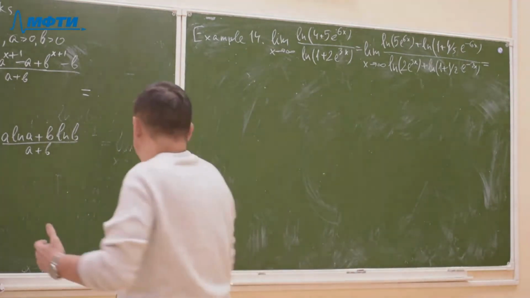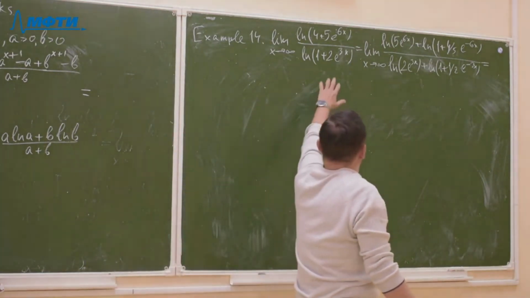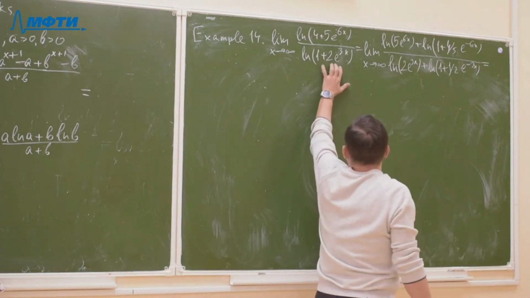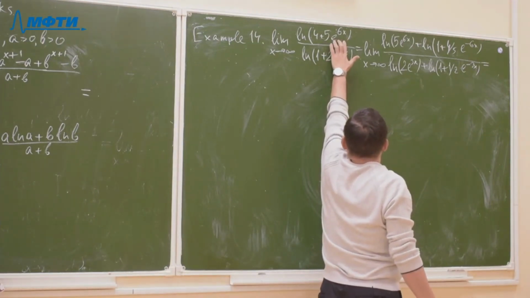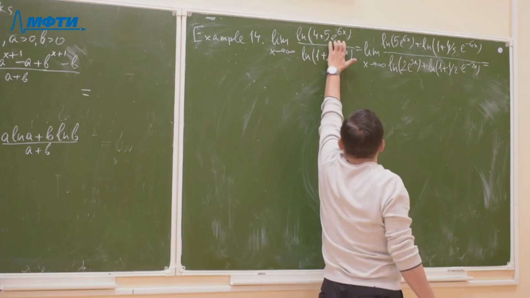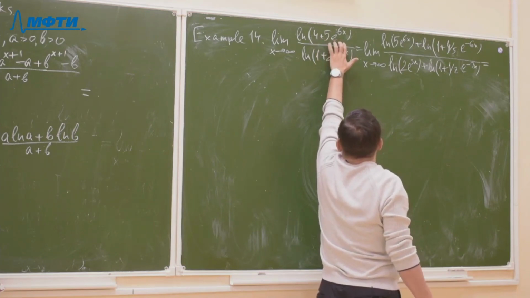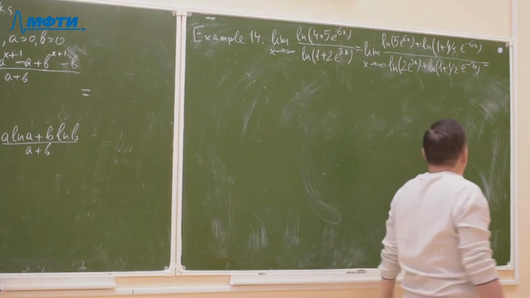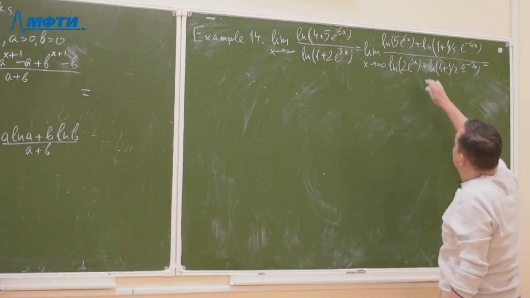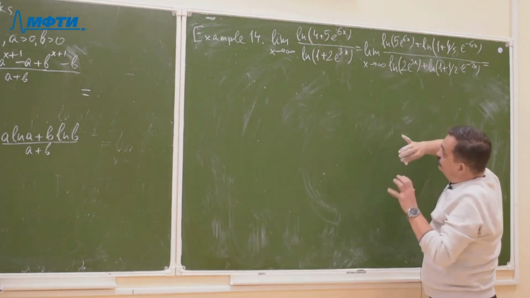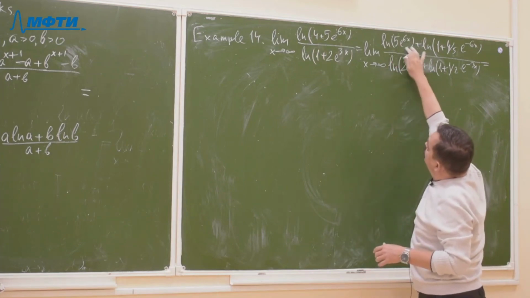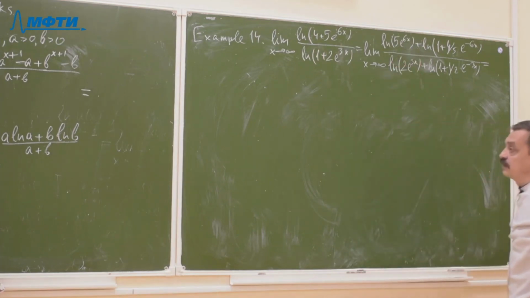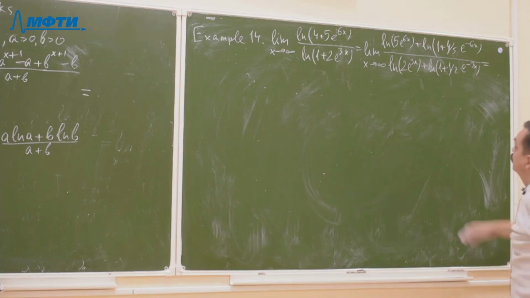What I did, I looked at the expressions and I understood that the second term in this sum tends to plus infinity, so it grows. The first is a constant, hence I would separate this greatest term like that.